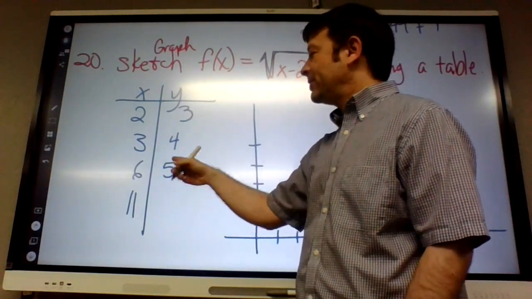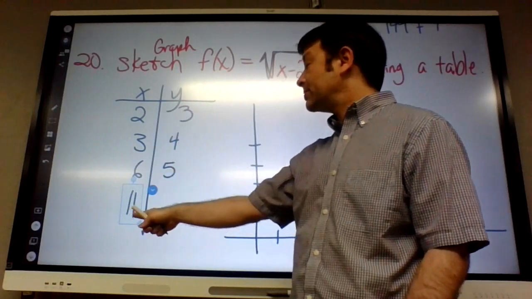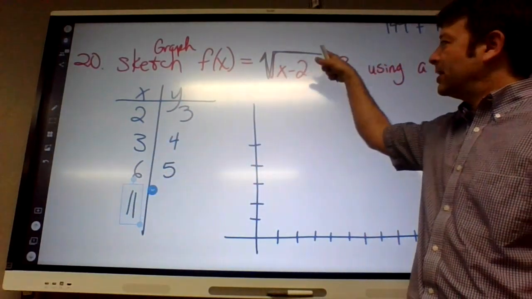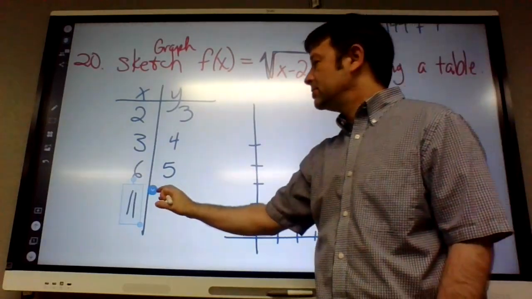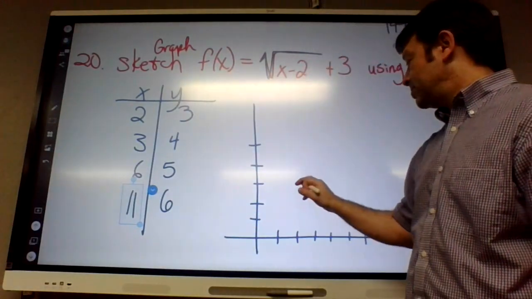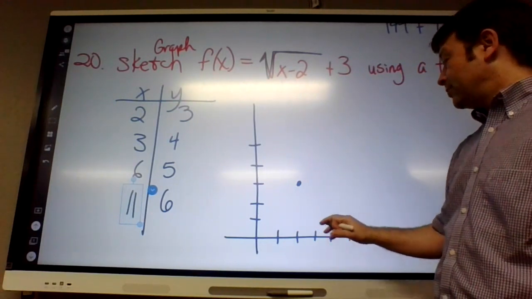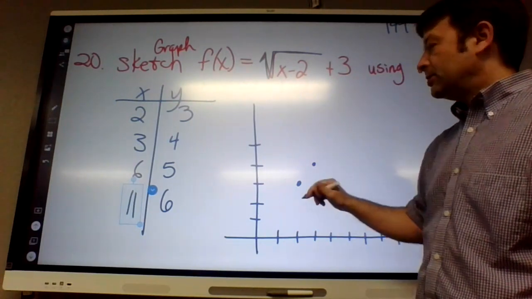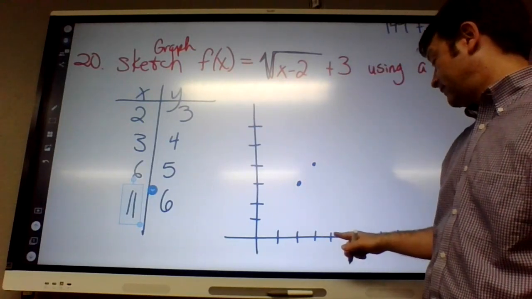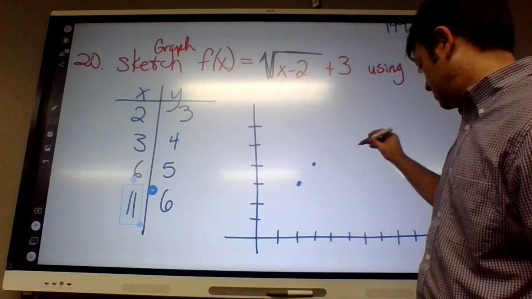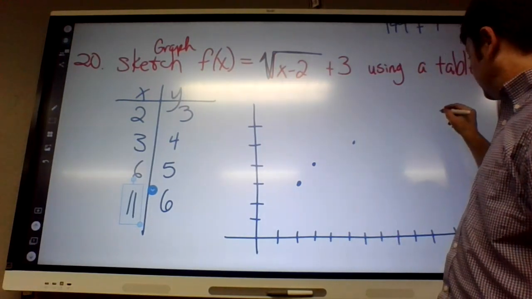If you set it up like this, this should happen every time because we chose the smallest ones that worked out nicely. 11 minus 2 is 9, square root of 9 is 3, plus 3. So we got 2, 3, that's like the starting point. 3, 4, oh, it does go up to 6, doesn't it? 6, 5, 11, 6.